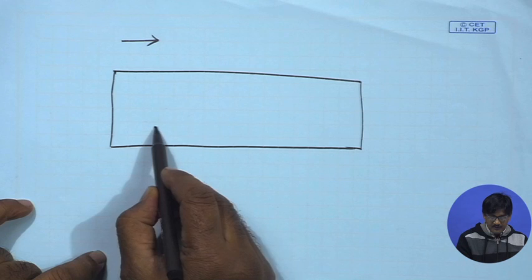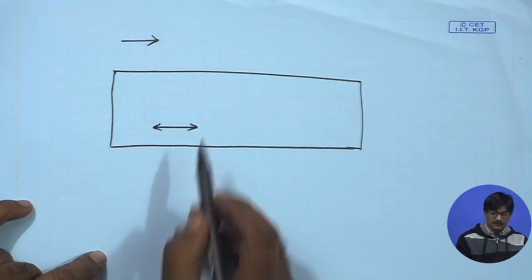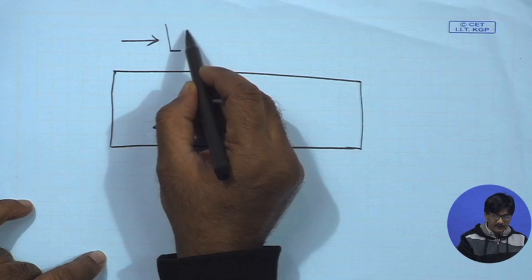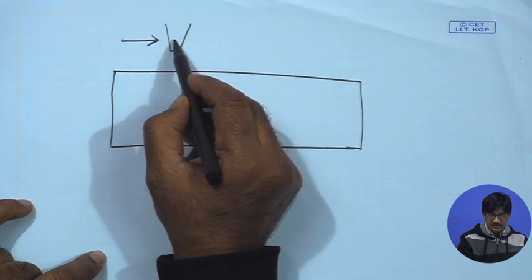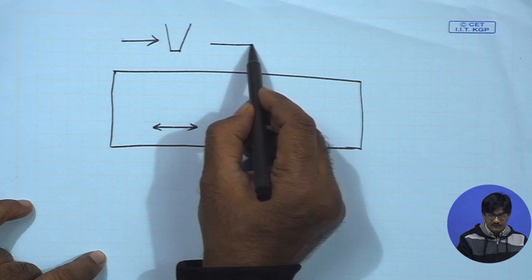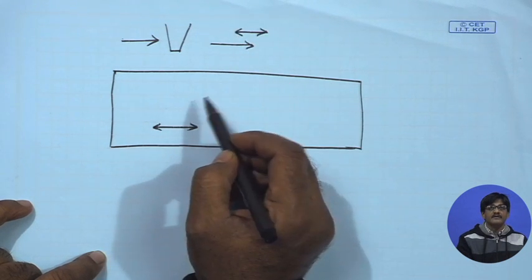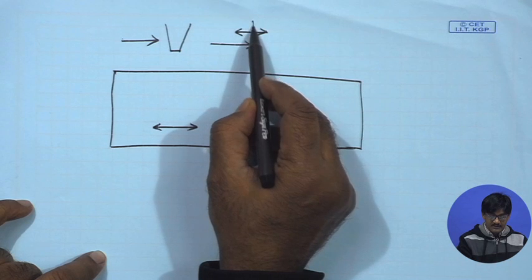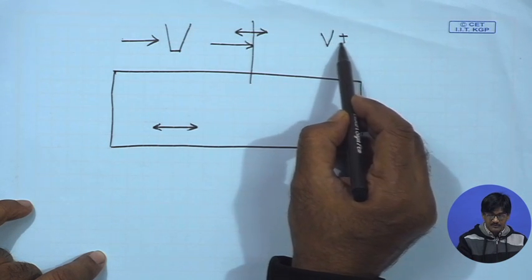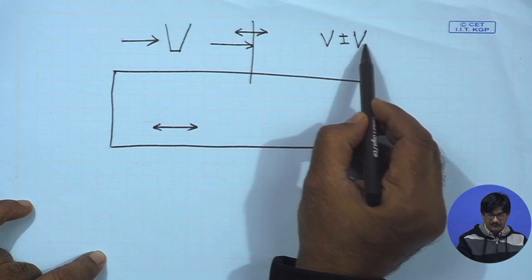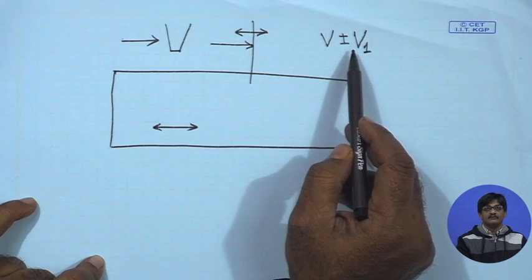But if there is a vibration set in on the table while the grooving element, the nozzle, is still at constant velocity, this velocity will have a reciprocating velocity impressed upon it. So, it will be v plus minus v 1 coming from the vibration.